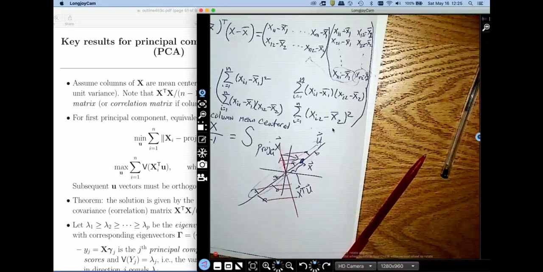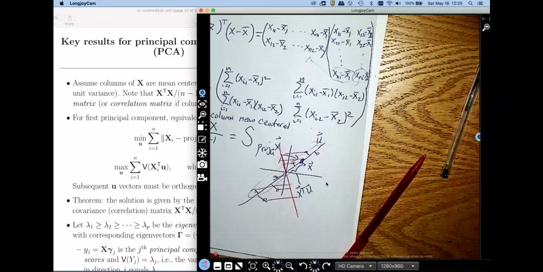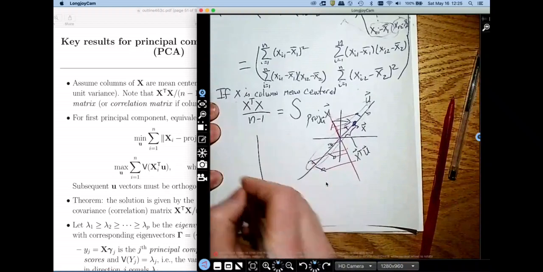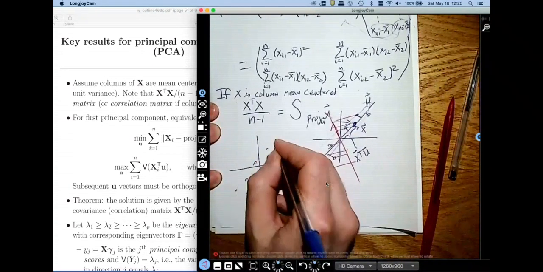So either of those ways gives us the first principal component, and the second principal component is going to solve the same optimization problem, whichever one you chose, with the constraint that whatever that second vector is has to be orthogonal to the previous one. So in this example, I think we need to start out with a new scatter plot to show this a little bit more clearly.